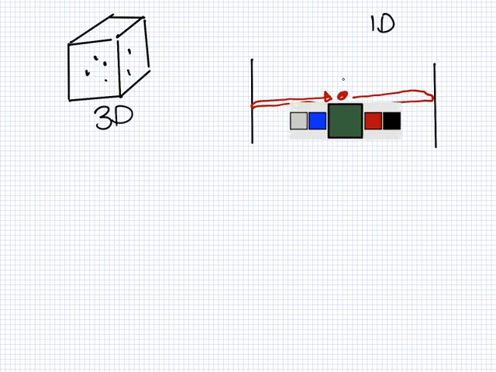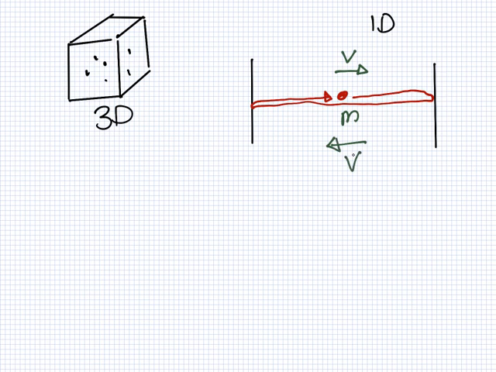Okay, so in the beginning, the particle has a mass m, and it heads to the right with a speed of v. And then afterwards, it's coming back with v. So the direction has changed. One more thing. We'll just say the box is L by L by L, so the distance here is L. Alright.